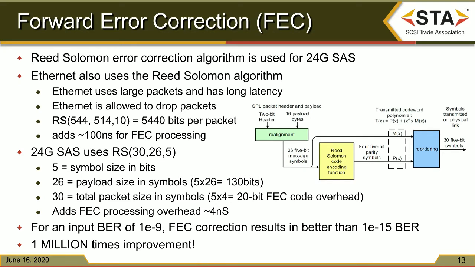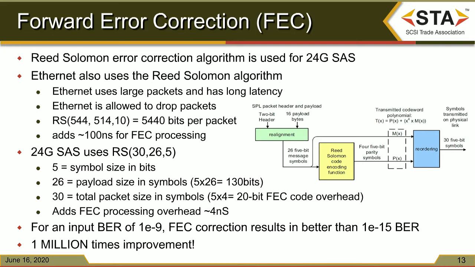Of those 30, 26 of those symbols are payload. And then 5 is the size of each symbol in bits. So you can see we get to a total of 130 bits of payload and 150 bits of total information in each packet.